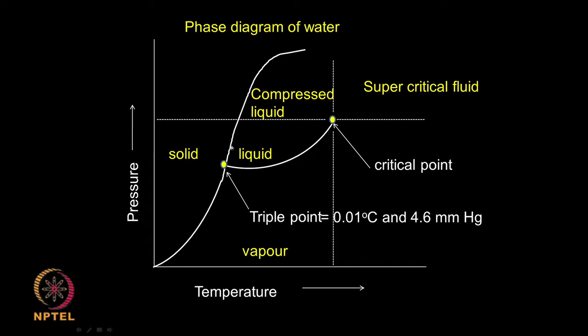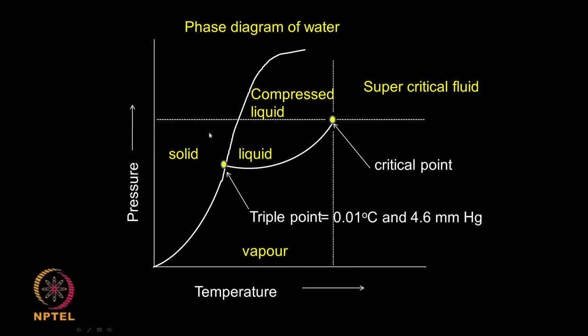This is called the triple point, solid, liquid and vapor are in equilibrium. This is where you operate. For example, for water, it is 0.01 centigrade and 4.6 mmHg. So, I can move from liquid to vapor and then to solid, or I can move from solid to vapor without going into liquid at this triple point.